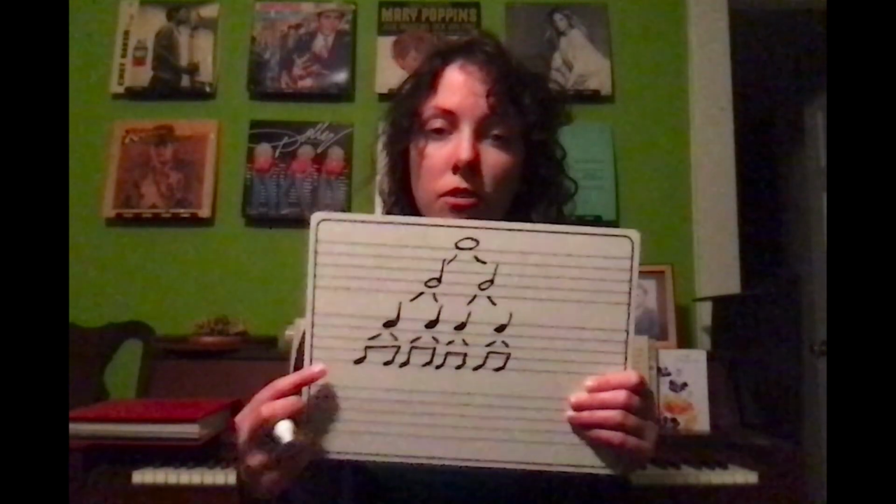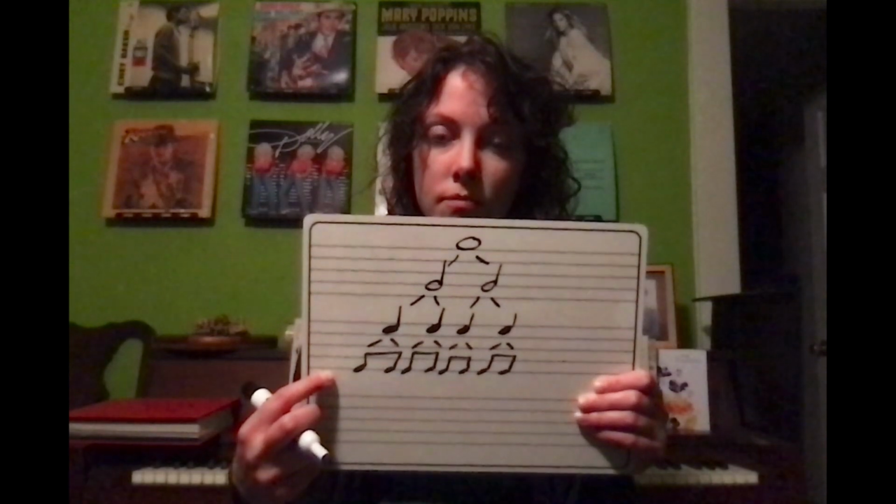After quarter notes, we talked about our eighth notes. You might see how this pattern is working. So we have 2 eighth notes in every quarter note. I'll go ahead and bar them together when I draw these. Our eighth notes. And then finally our 16th notes, which you guessed it, you have 2 16th notes in 1 eighth note.